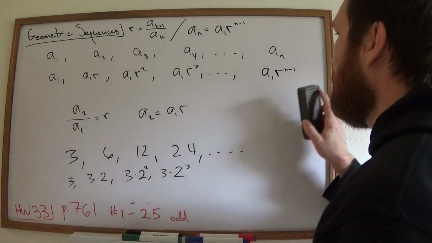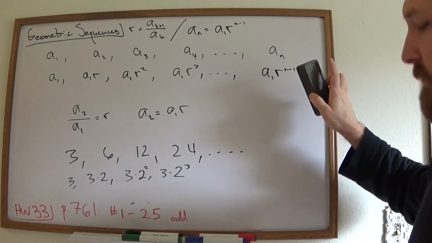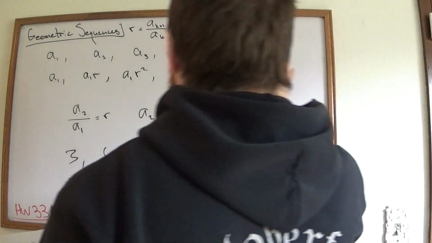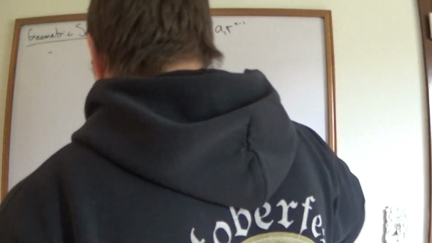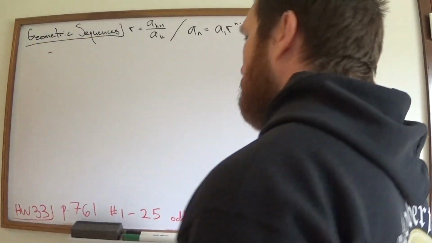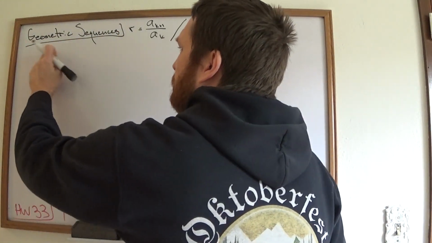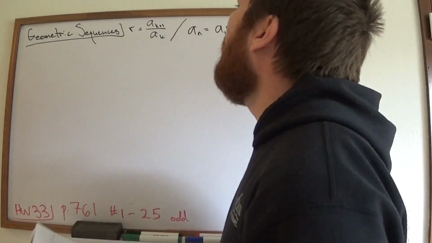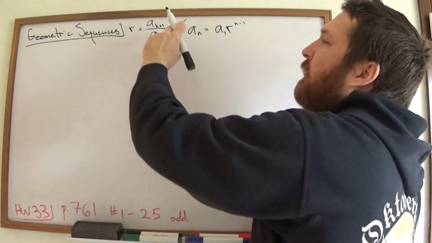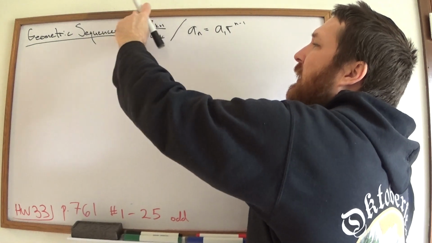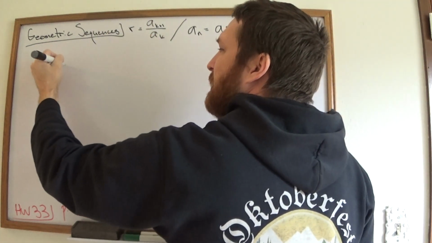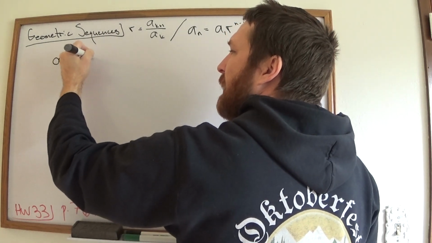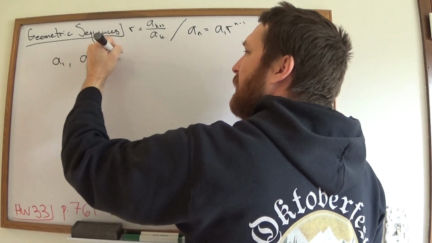So, let's do a couple examples here. I'm going to get rid of this stuff here. But before we do, I just want to say, I don't really think about it this way. A geometric sequence I think of as a thing that you get when you just multiply by some constant number each time.